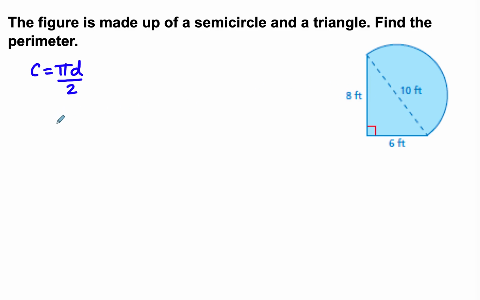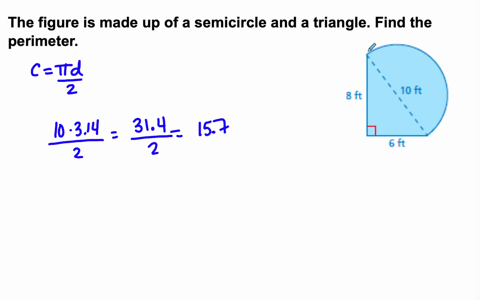All right, so I'm going to do 10, that's my diameter, times pi, 3.14, divided by 2. 10 times 3.14 is 31.4. And then I need to take that and divide by 2. So 31.4 divided by 2 is 15.7.